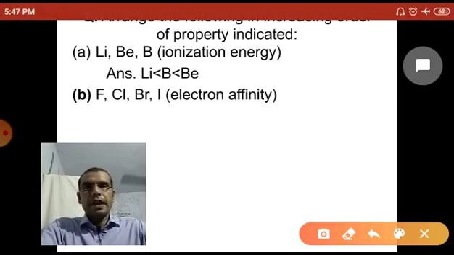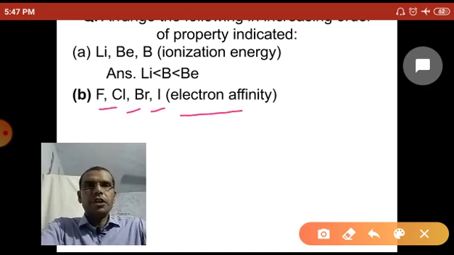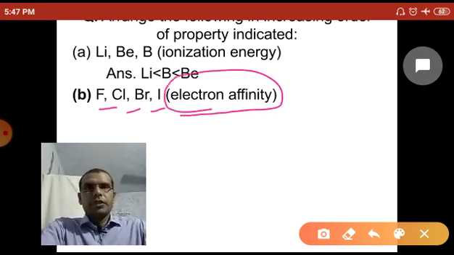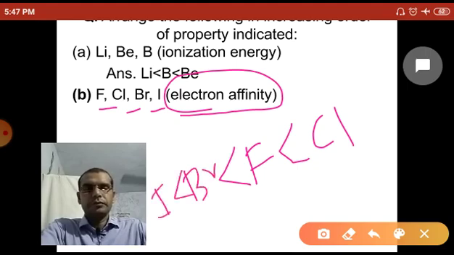Now second, arrange fluorine, chlorine, bromine according to their increasing electron affinity. So chlorine has more electron affinity than fluorine, and then bromine, and then iodine.